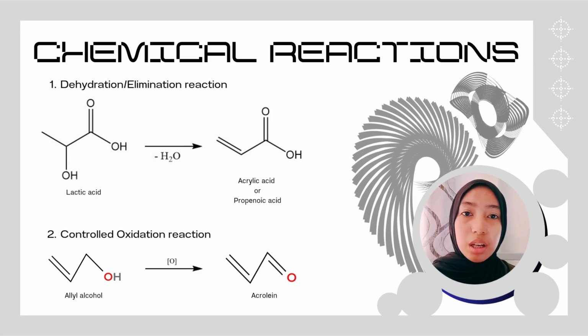The molecule loses a unit of water, removing the hydroxyl group and the neighboring hydrogen atom. To satisfy the valency of the carbon atoms, a new carbon-carbon double bond is formed. The product is acrylic acid, a compound that simultaneously belongs to two distinct homologous series, alkenes and carboxylic acids.